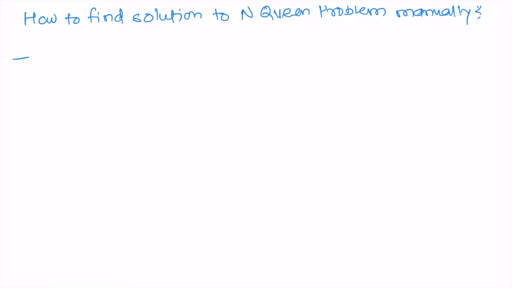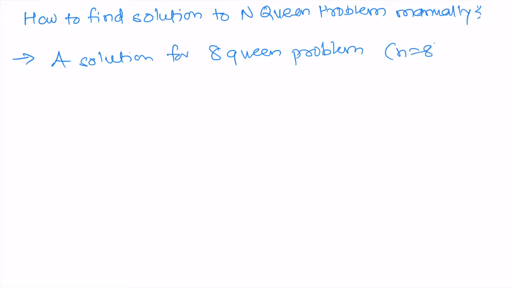Now, in this video, we will find a solution for the 8 queen problem. So n is 8 here. The first thing that you should do is create a 3 by n table. So in this case, we'll create a 3 by 8 table.